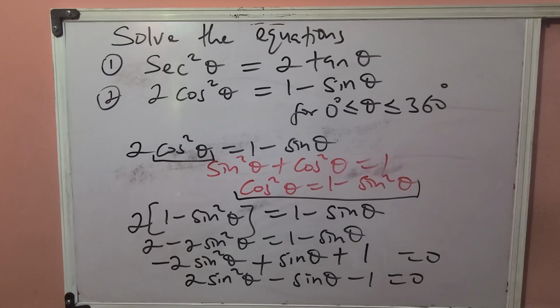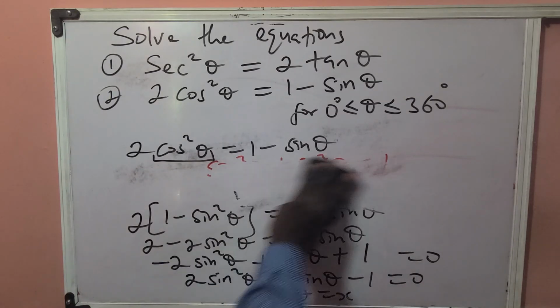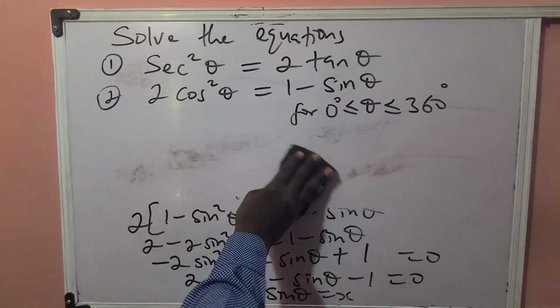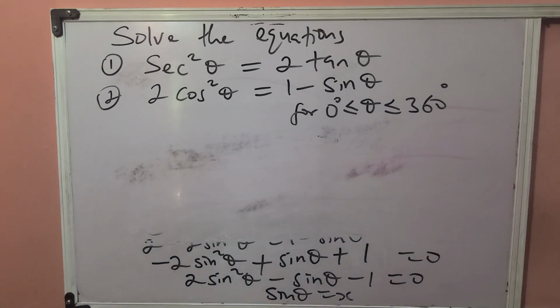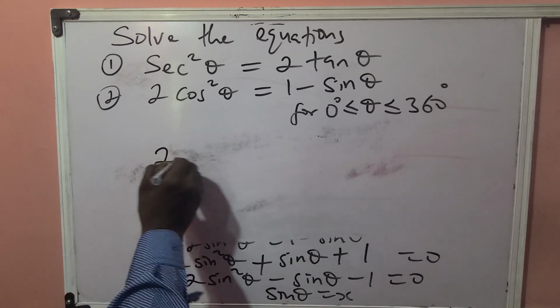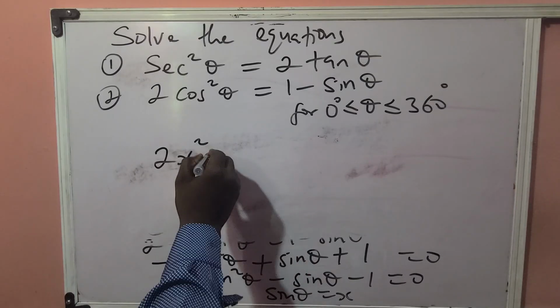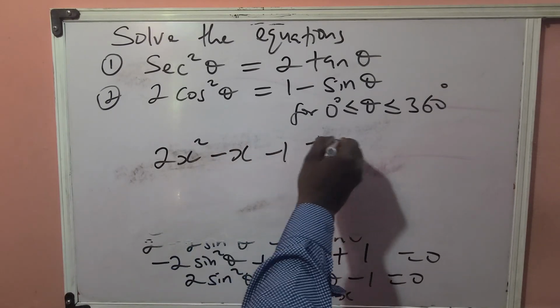If you take sine theta for x, what you'll be having would look very much like what you are very used to, and that would be 2x squared minus x minus 1 equals 0.